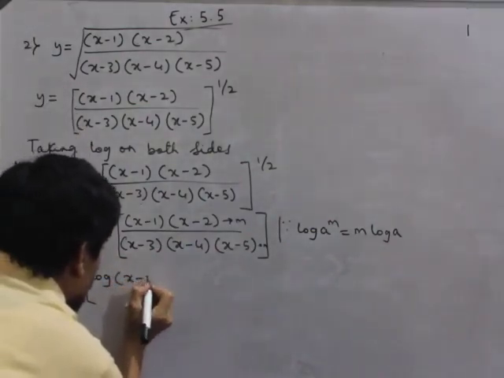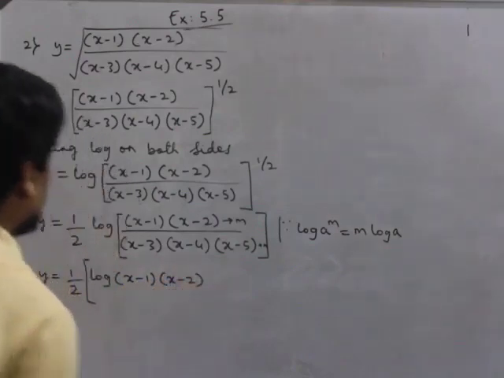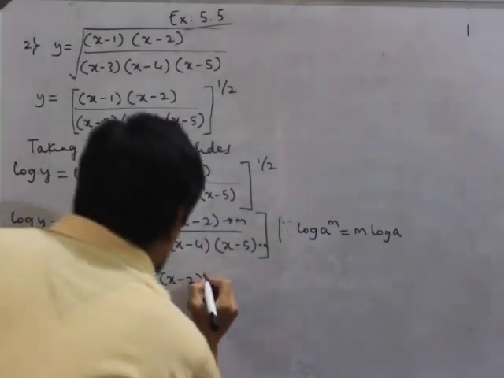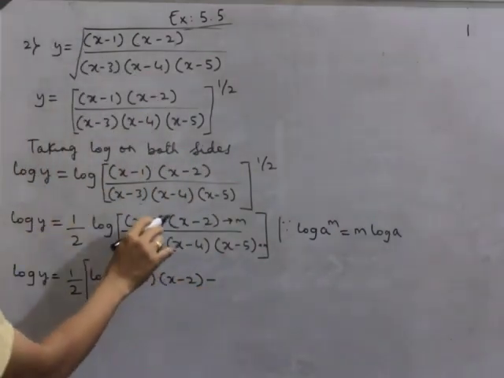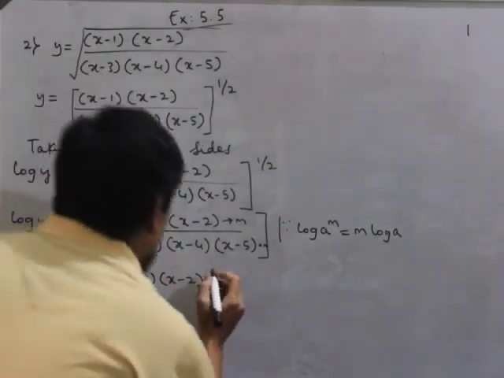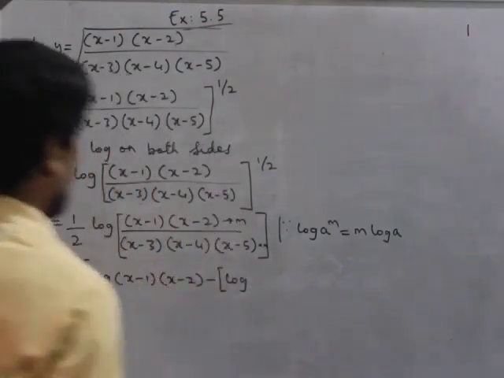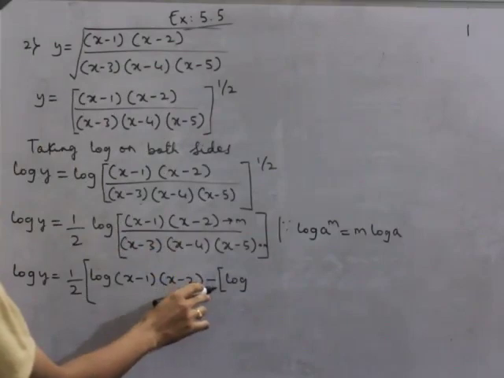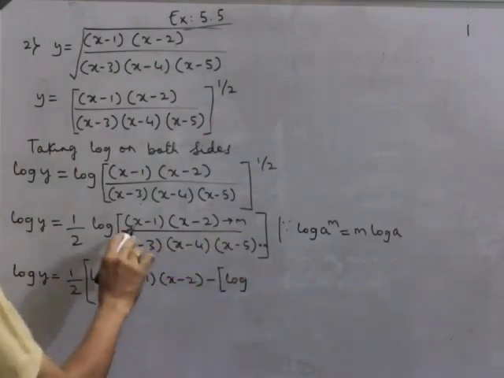Log of (x minus 1)(x minus 2) minus, so this is m and this is n, log m minus log n, minus of, and look at this, again I have written the bracket, minus, it belongs to all three terms.